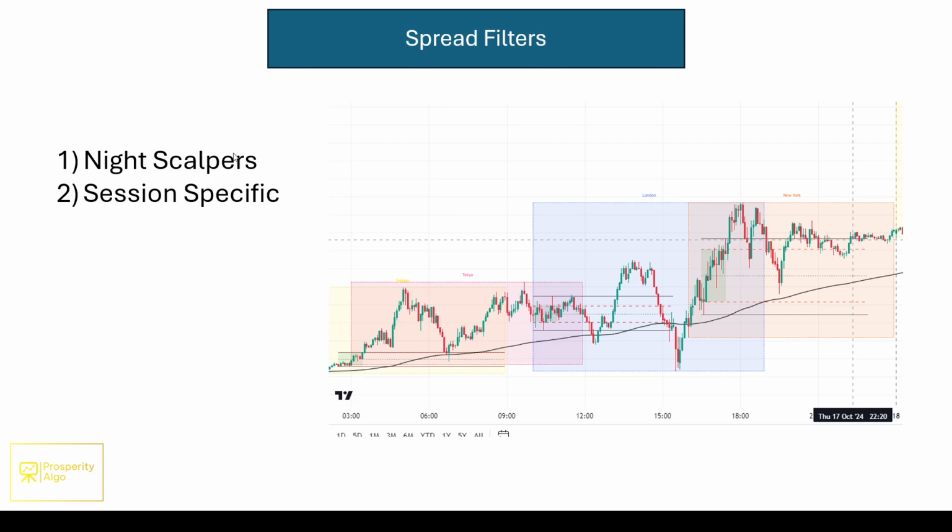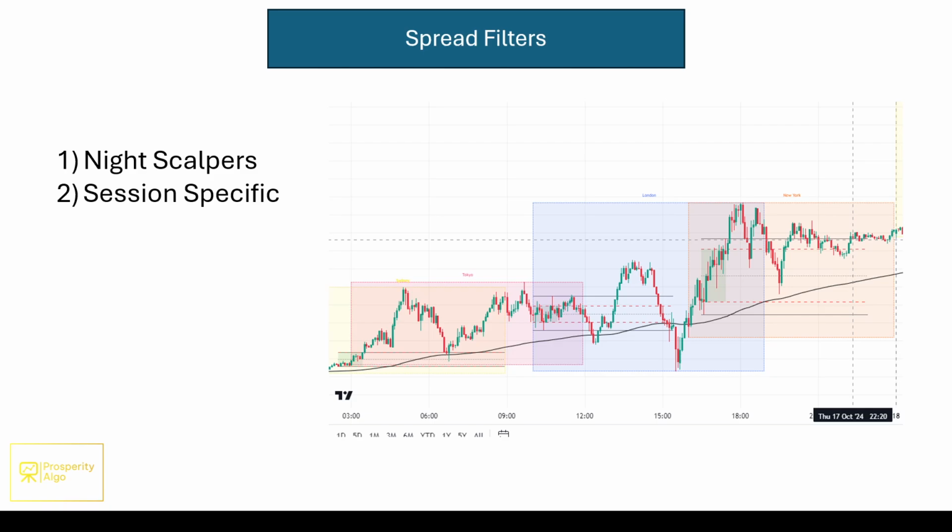And apologies for my typo here, but this is actually time filters, not spread filters. There are really two large use cases of time filters that I personally like to use. Certain bots trade during very specific time windows, such as a night scalper, where you're specifically looking to trade the super low volatility hours using a mean reversion premise.